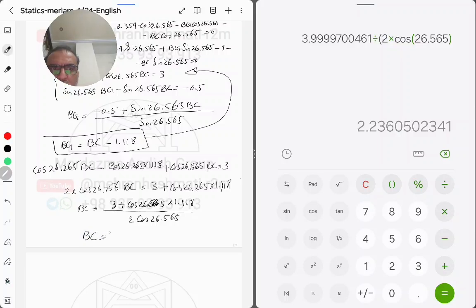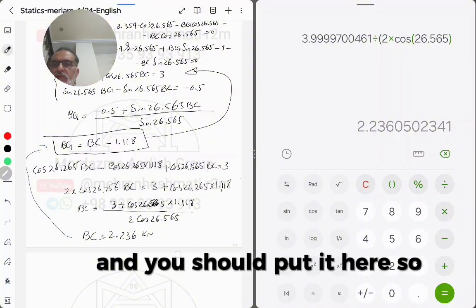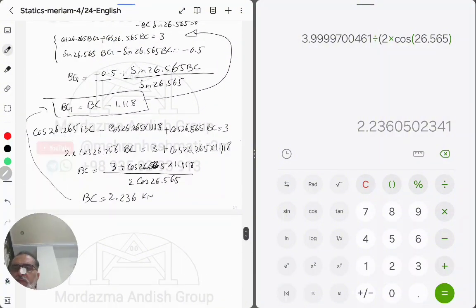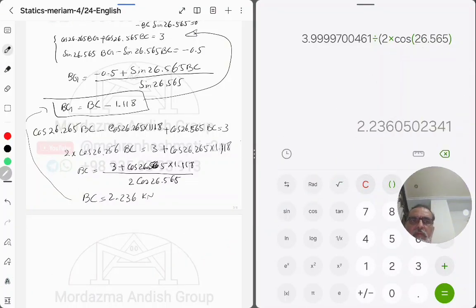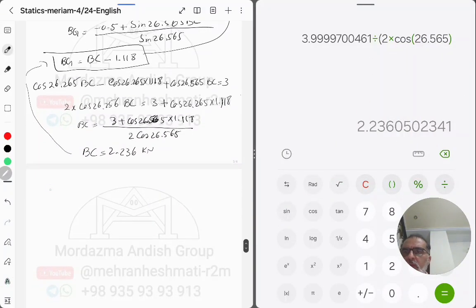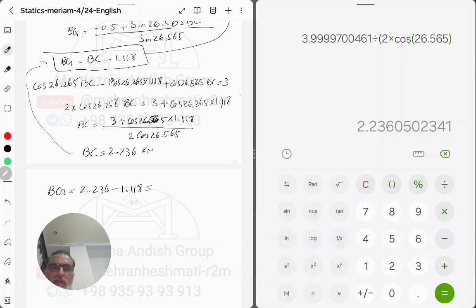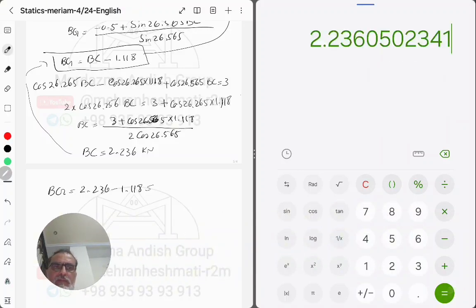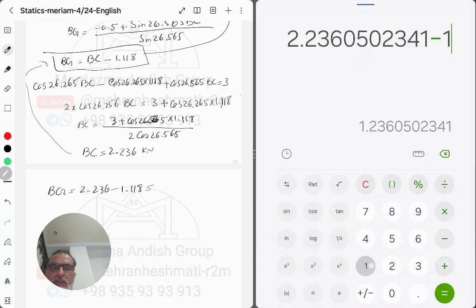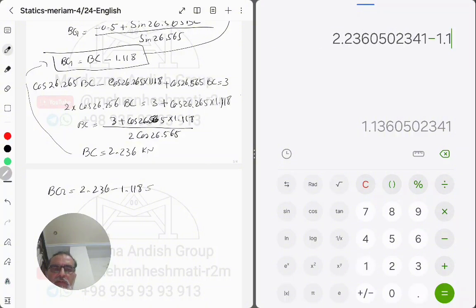So 2 point, and we should put it here, so we have minus 1.1.